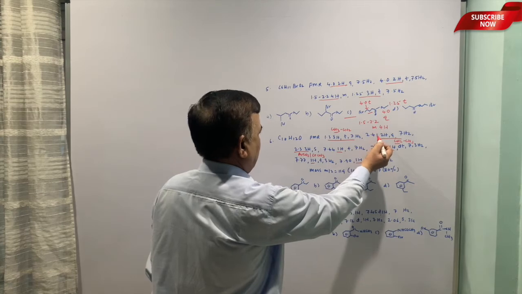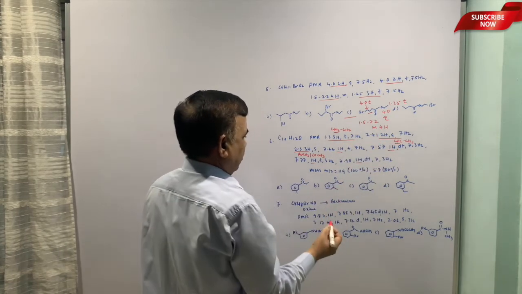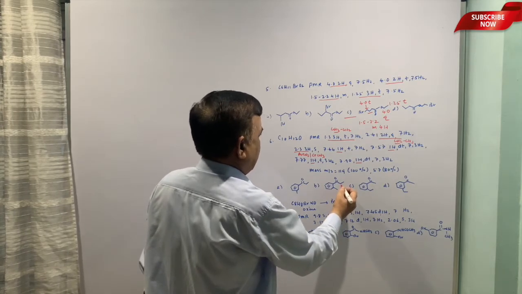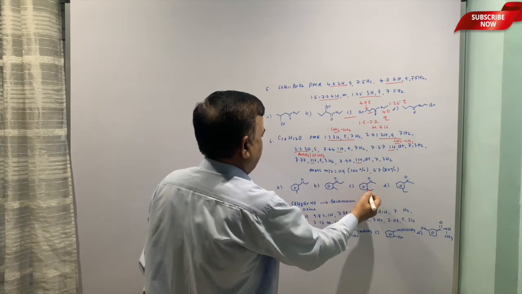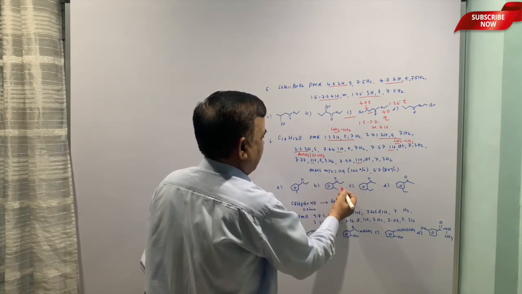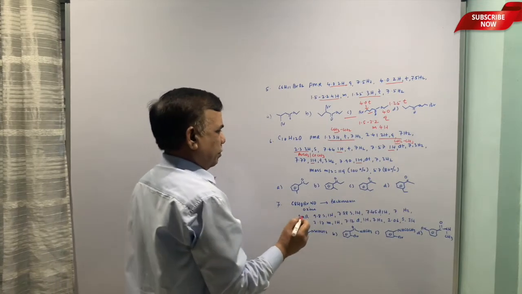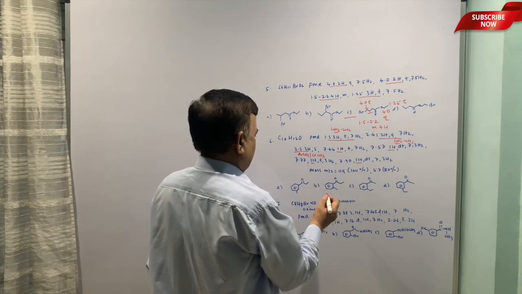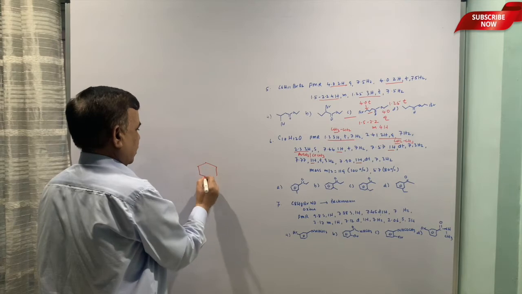2.4 and 1.3. So this triplet quartet pattern is possibly here, here as well as here, even here also. The thing is, the multiplicities of the protons on the aromatic system, that is important.